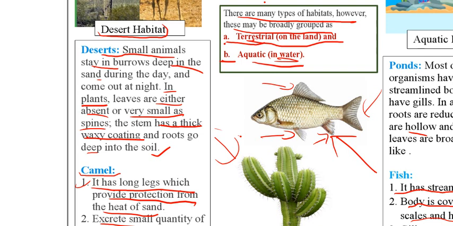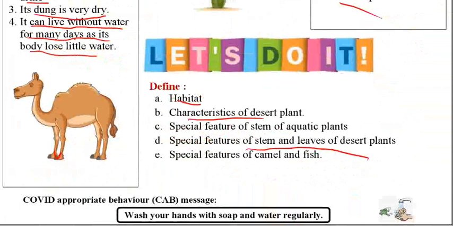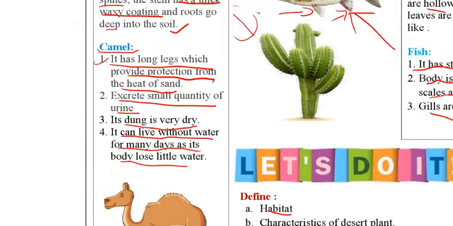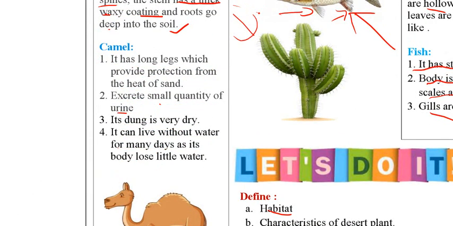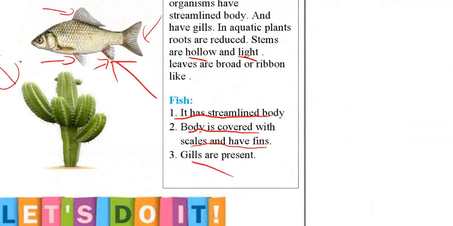These are the characteristics of leaves in a desert plant. E. Special features of camel and fish. For camel, you have to write all of these 4 features, and for fish, all these 3 features over here, and your answer will be done.